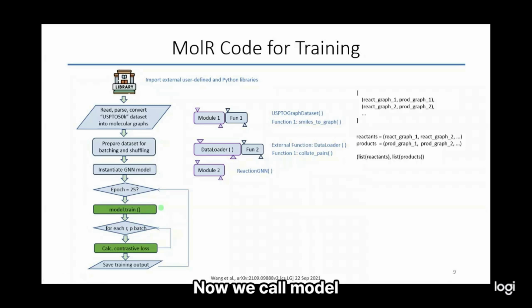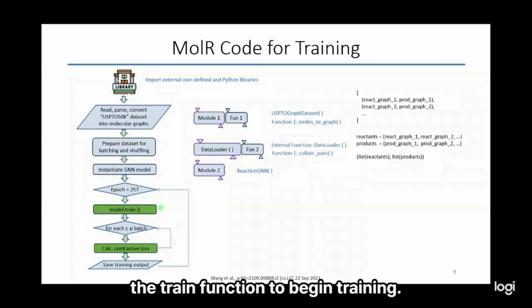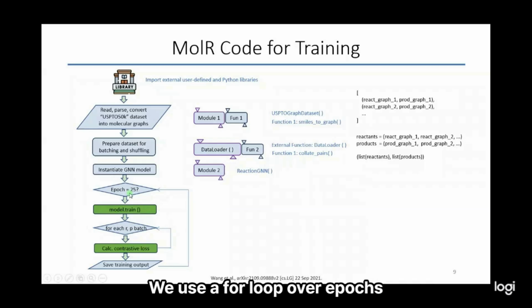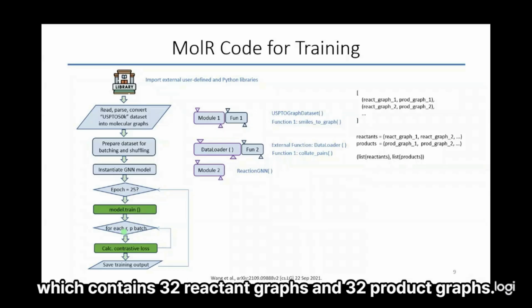Now we call the model.train function to begin training. We use a for loop over epochs to perform resampling and another for loop to iterate over each batch, which contains 32 reactant graphs and 32 product graphs.